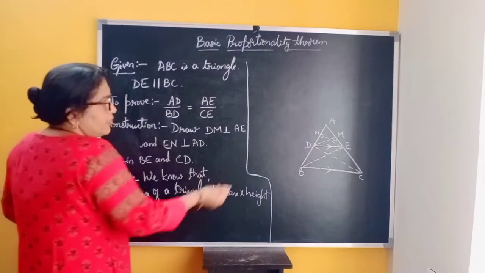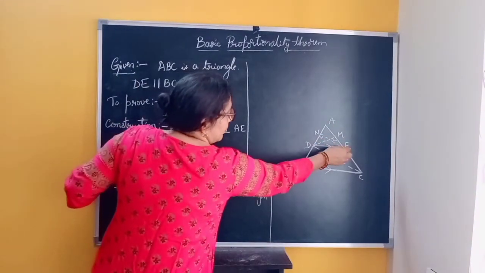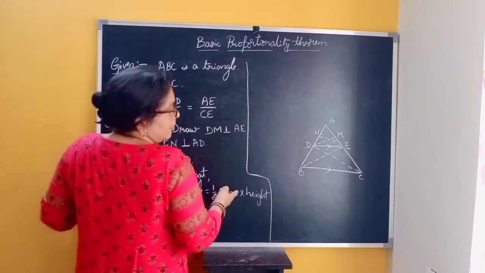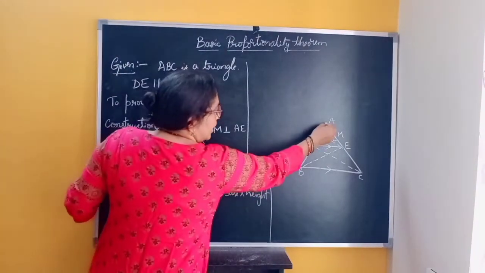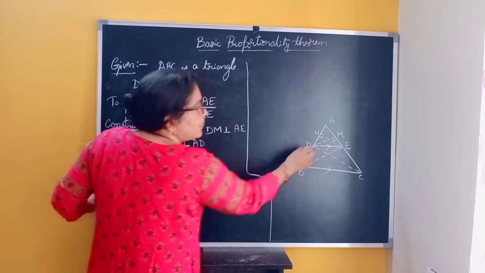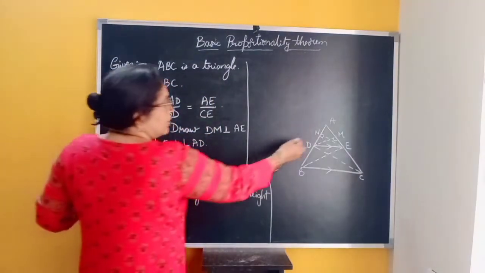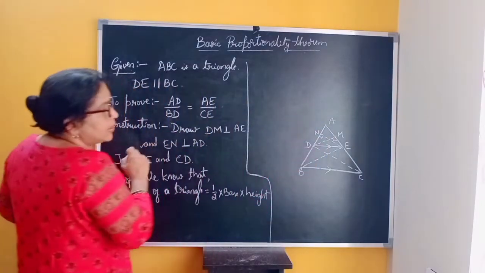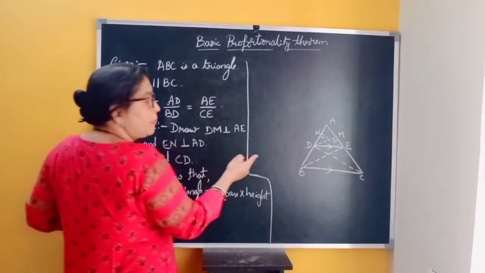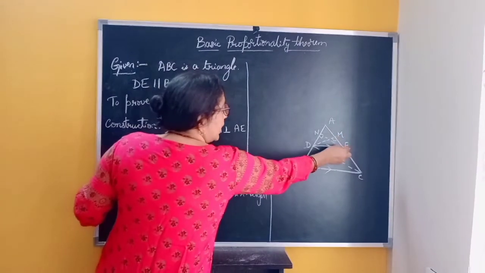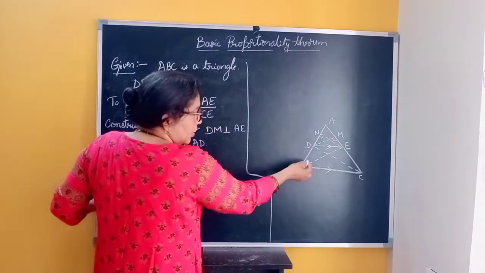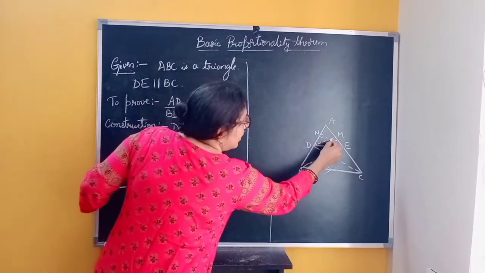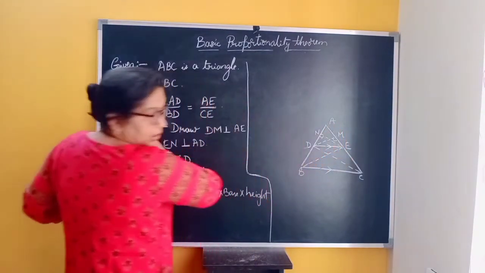Let us first take the upper triangle ADE. Let us take AD as the base. Consider the triangle AED with AD as base. Then which is the height or altitude here? EN is the altitude. When you take AD as the base, then EN will be the altitude or height.